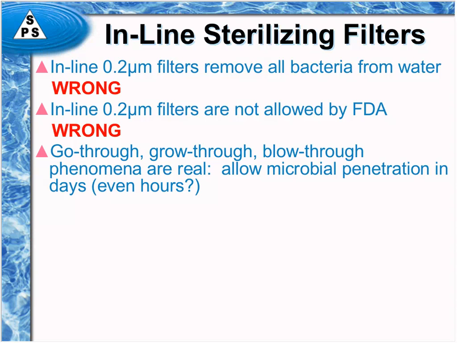Then there's the blow-through phenomenon, and blow-through is a real phenomenon. It's what happens whenever you have intermittent or pulsed flow on a filter. With the surge of flow through the filter, you flex the matrix a little bit. Any organisms that have impinged on the filter elements could be released by the surge of flow, only to be re-impinged a little bit further down in the filter.